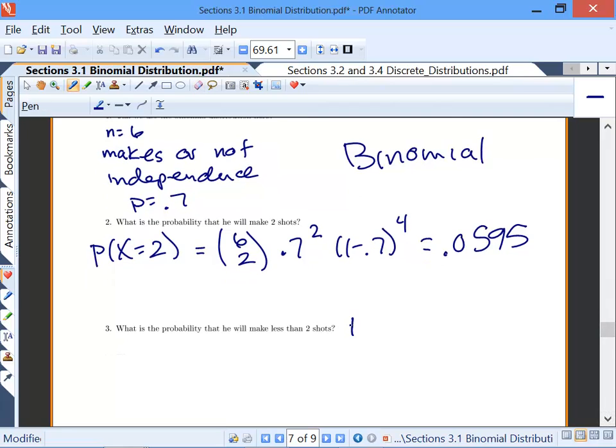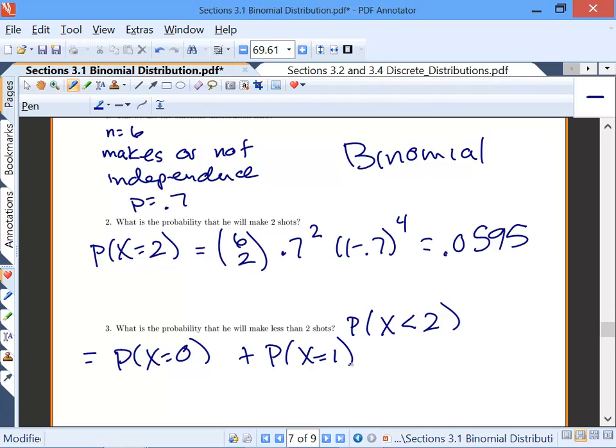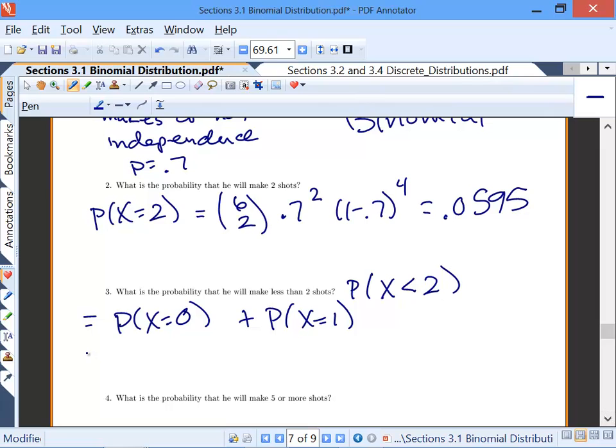I realized I should have made this different than the last problem, but find the probability that he makes less than 2 shots. We're looking for x less than 2. So that's going to be the probability that x equals 0 plus the probability that x equals 1. So go ahead, if you have your calculator, try and plug these 2 in, or at least write down the formula and see if you get the same thing as me when we look up.